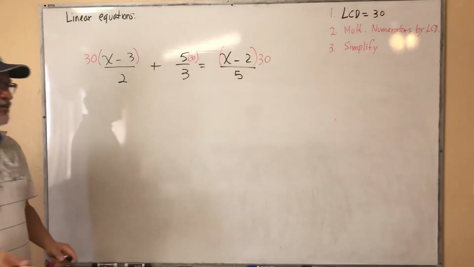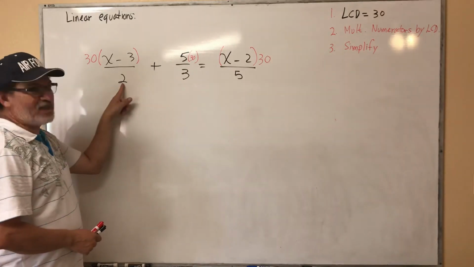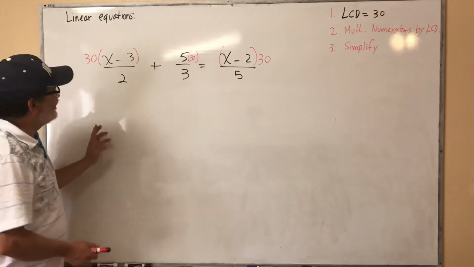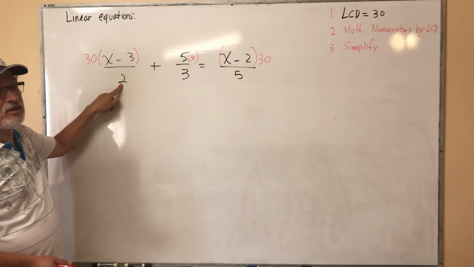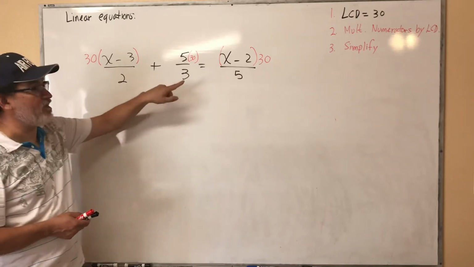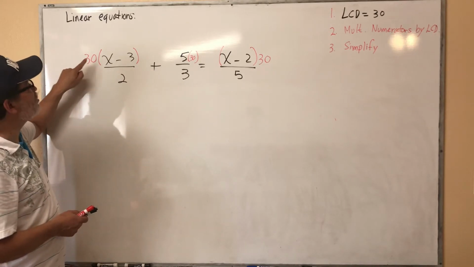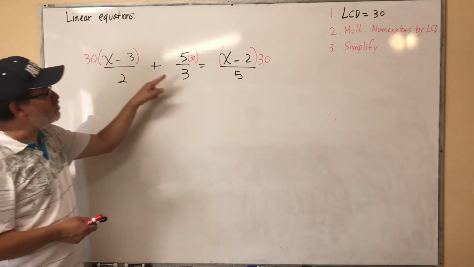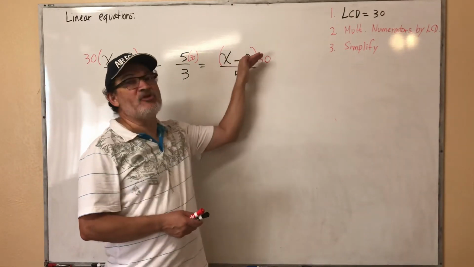Remember, the whole purpose of multiplying by the LCD is so that this denominator disappears. That's the whole purpose. Otherwise, you wouldn't do it. Now, don't forget, because this LCD came from the 2, when I got 30, I said 2 times 3 times 5. So this 2 is bound to go into 30, this 3 is bound to go into 30, and this 5 is bound to go into 30.